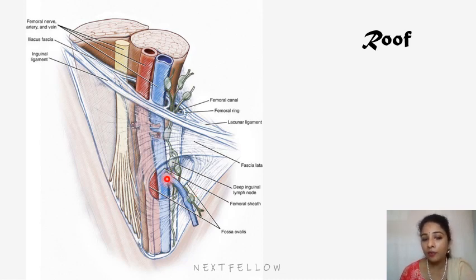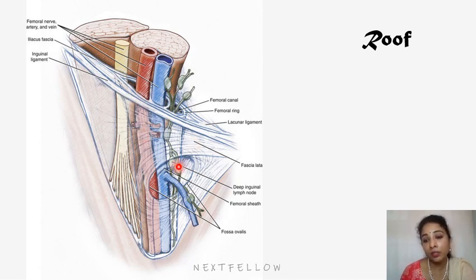Before draining into the femoral vein, the saphenous vein receives a few superficial tributaries which lie within the roof. The tributaries are the superficial epigastric, superficial circumflex iliac, and superficial external pudendal. These veins accompany the superficial branches of the femoral artery, which have the same names as the veins.